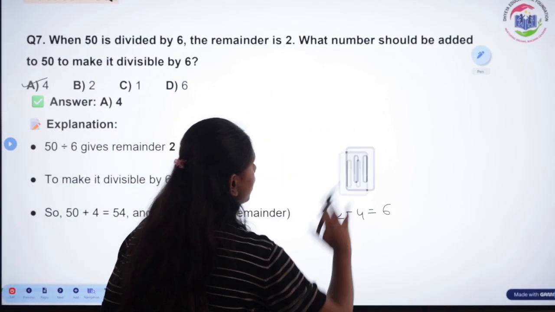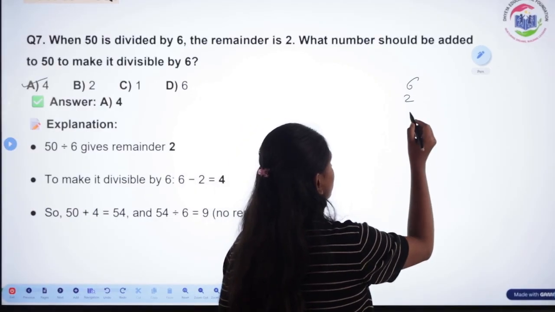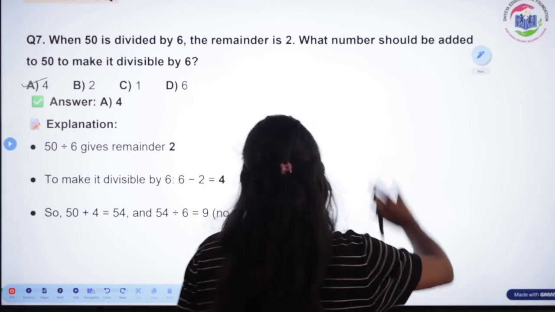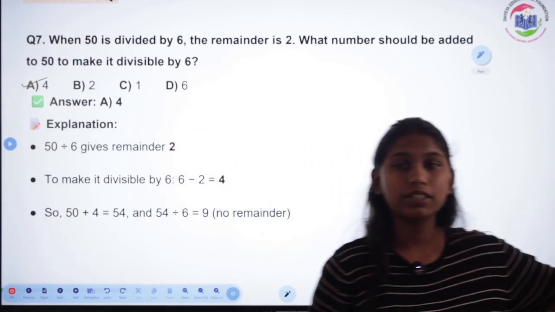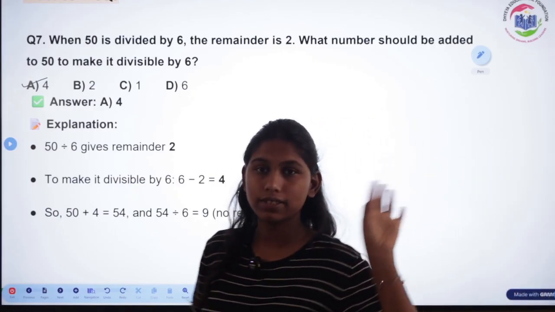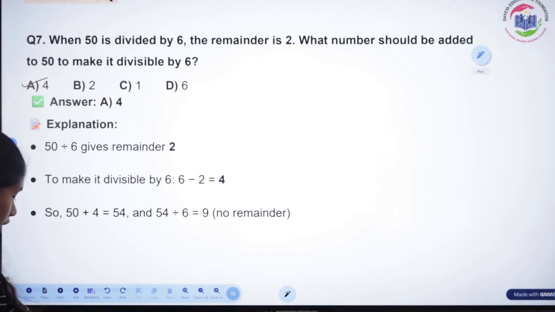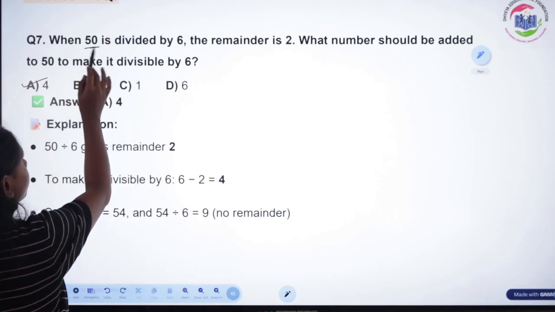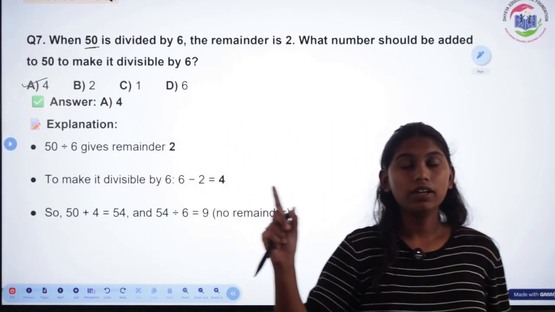Or else just write down the table of 6. That is 6 1s are 6, 6 2s are 12, 6 3s are 18, up to 10. If you write it, then just check whether there is the number 50 or a number bigger than 50.